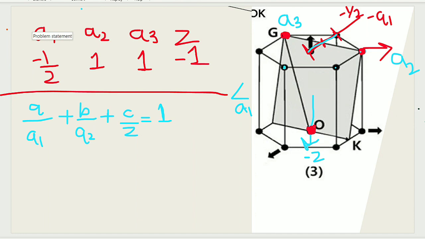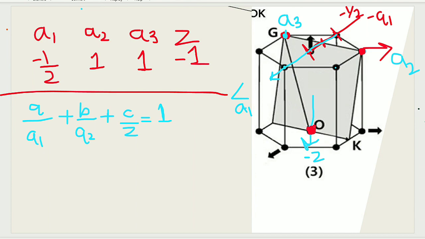Do we have to move along? No, this point is not suitable, because for this point from origin you just have to move along the A2 direction. No, this is not a suitable point. This point, maybe let us check how we can reach this point. This is the A1 direction. Okay, keep that in mind.